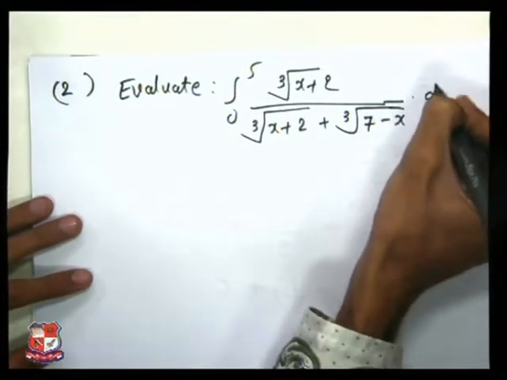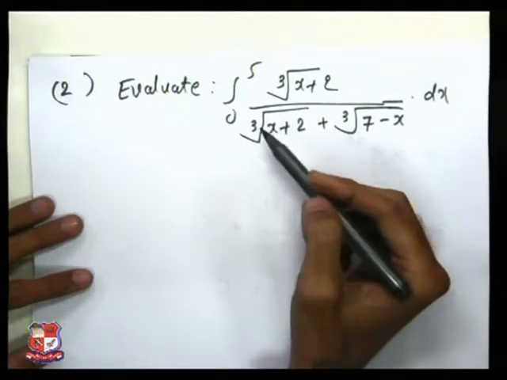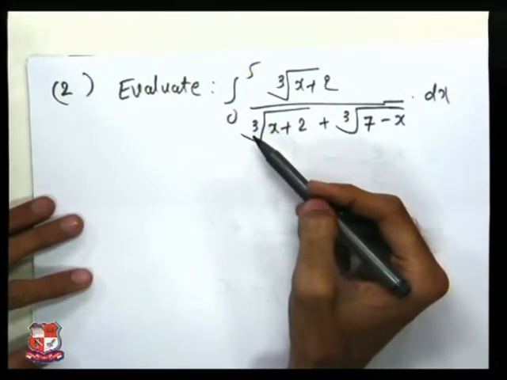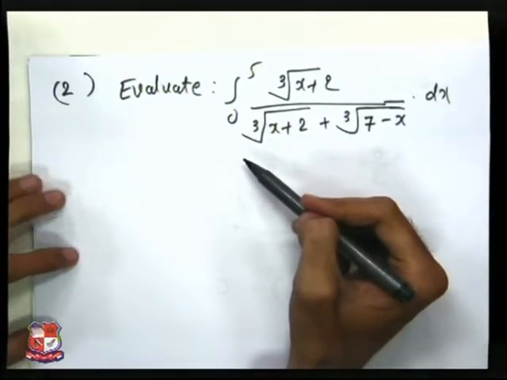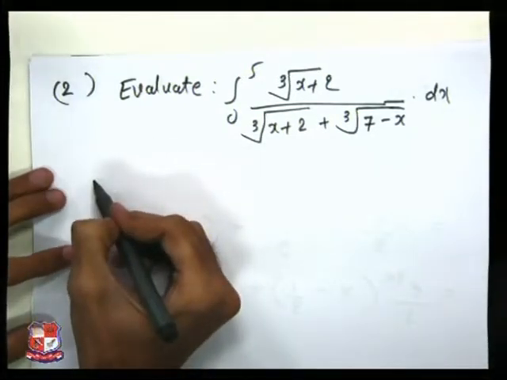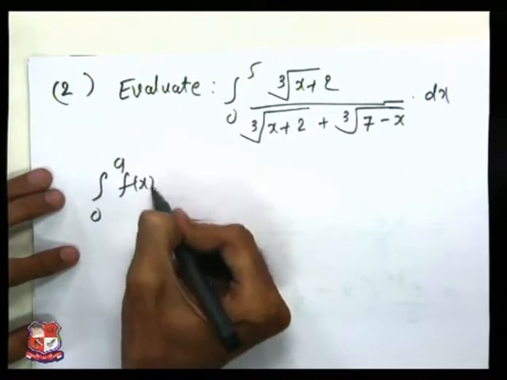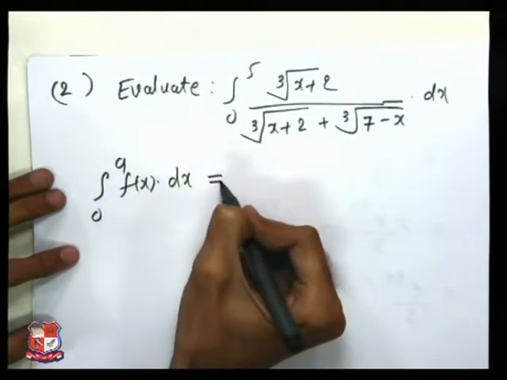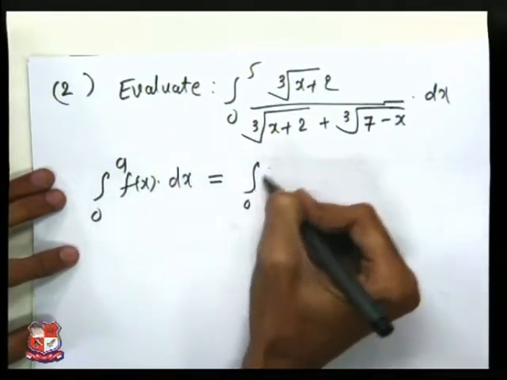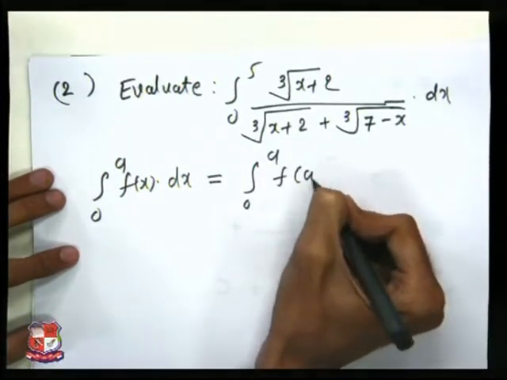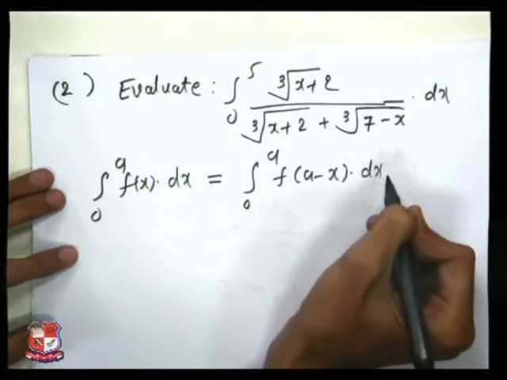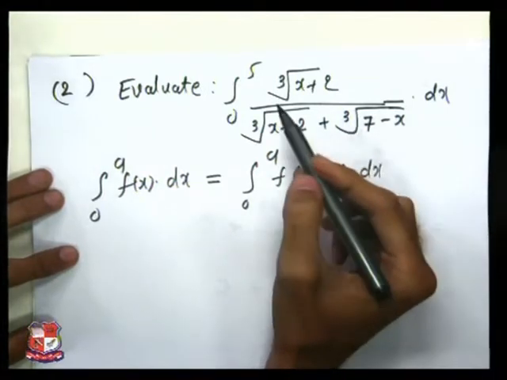Again there is the same example which follows this theorem, which is integration of 0 to a f(x) dx is equal to integration 0 to a f(a minus x) dx.